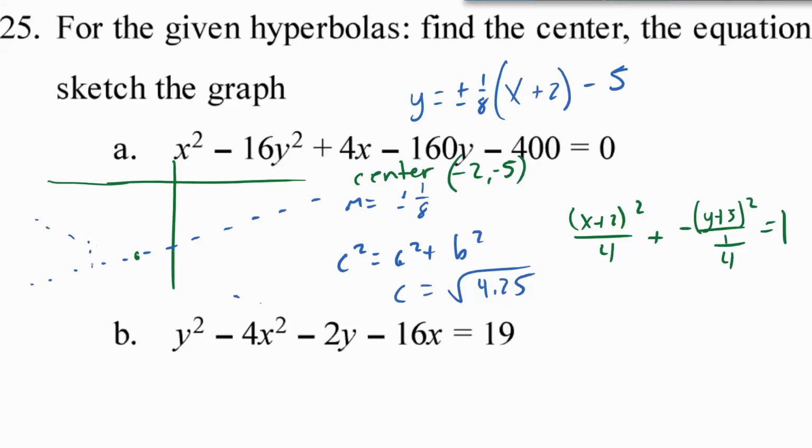I don't know what just happened there. And our hyperbola should open to the sides, coming out to our asymptotes. There's a foci there, and sketch the graph. I think we're good.